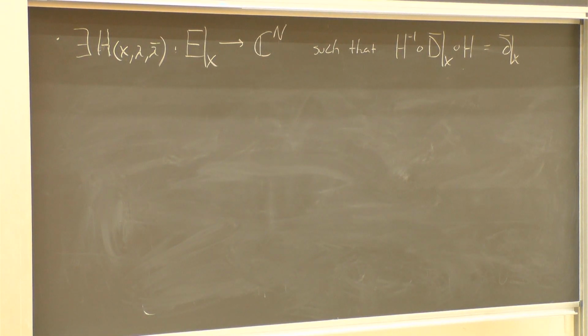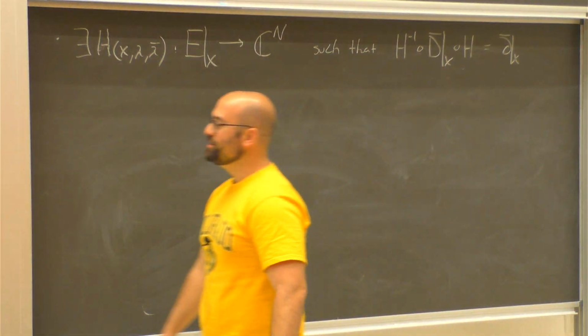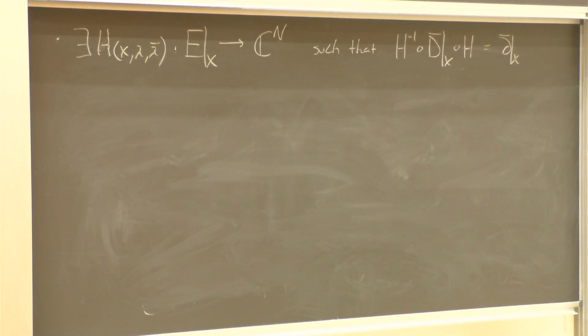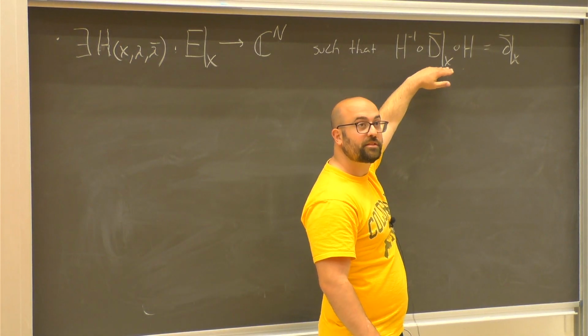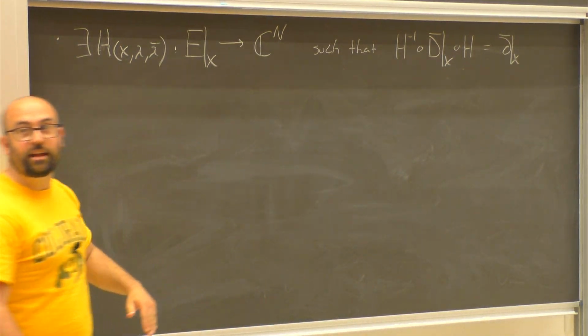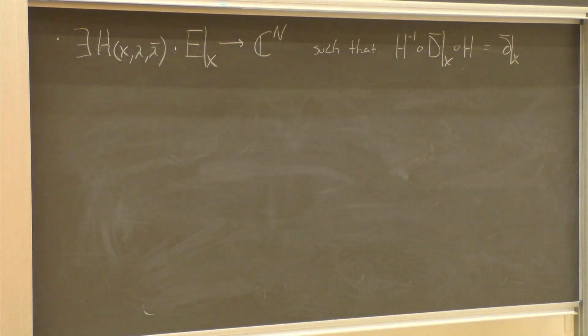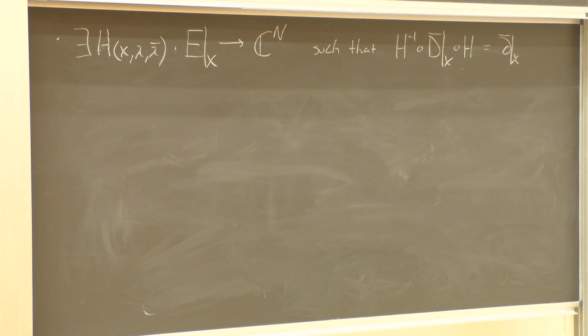Now, there's this sneaky word that I included here. So the way you should read this statement is that with these assumptions, generically, this H is guaranteed to exist and to have this property. So you can always solve this equation. Now, that's only true generically. So what do we mean by generically?